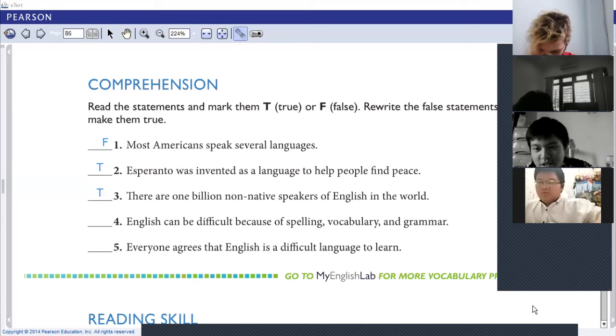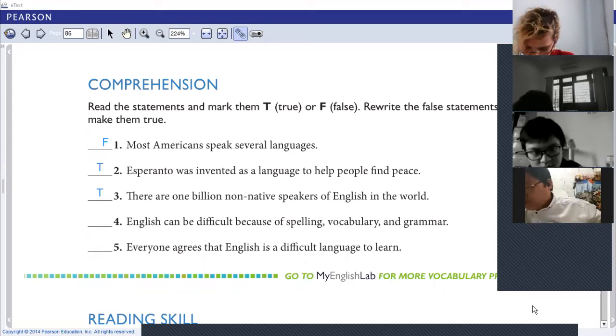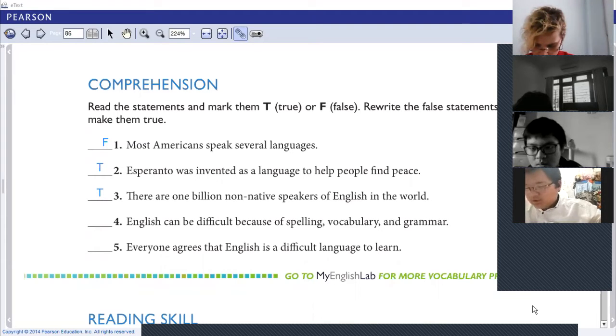Where did you find your evidence, though? Paragraph 7, Miss. "It's all political. Whoever wins a war gets to control the language of the world. But I do agree that it's easier for people to have a common language. So why not English? Simple language.